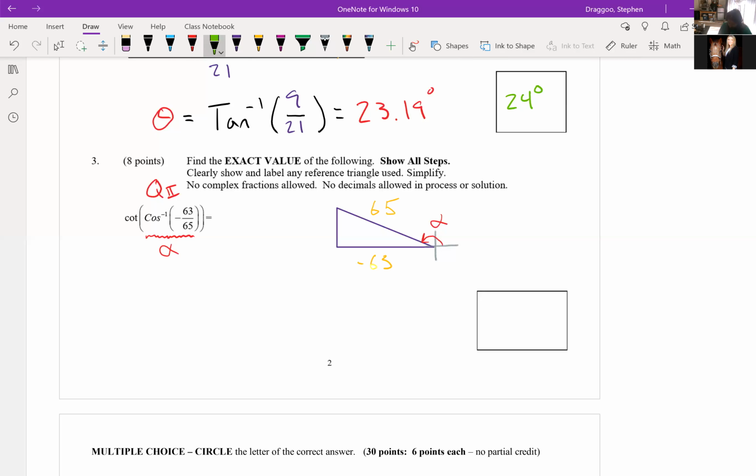So if we use the Pythagorean theorem, we ought to be able to say that 63 squared plus an unknown y squared is equal to 65 squared, meaning that y squared is another number. It's 65 squared minus 63 squared. And that's 256.